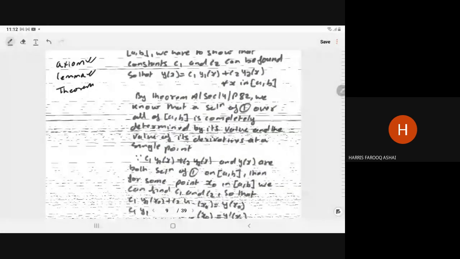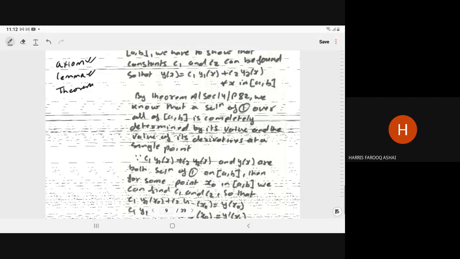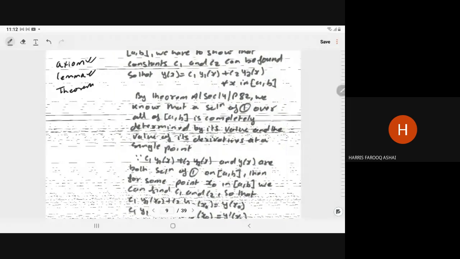So here, by theorem 14a, we know that a solution of the first equation over the whole interval [a, b] is completely determined by its value and the value of its derivative at a single point.